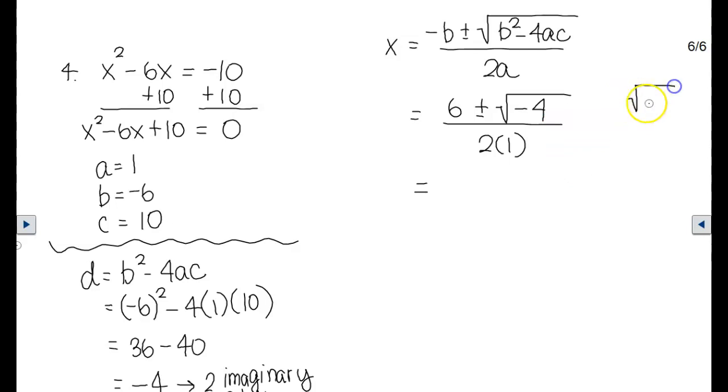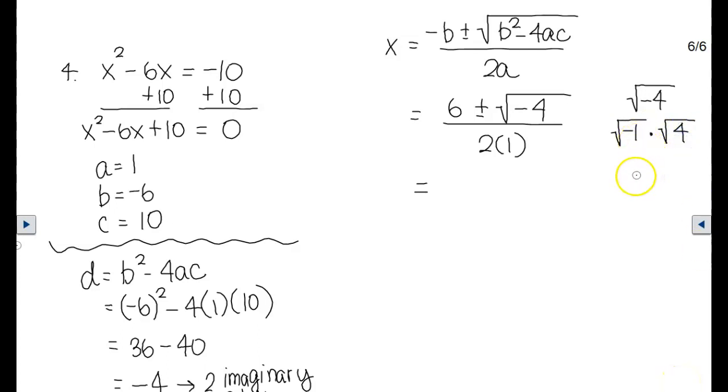Now, the square root of negative 4 needs to be simplified, and you need to remember from before Christmas that a square root of a negative number is what causes us to get that imaginary number. So we're going to take this first and make it the square root of negative 1 times the square root of 4.